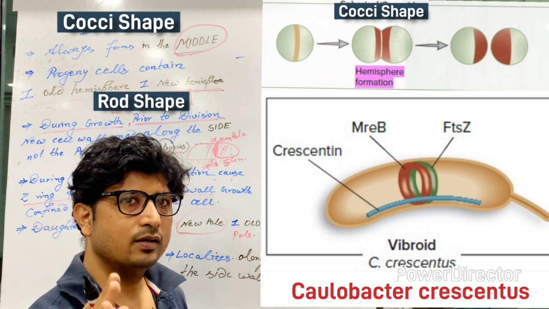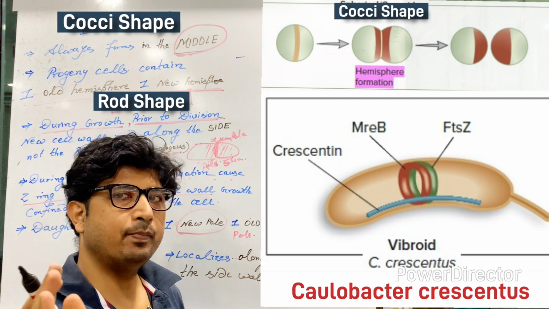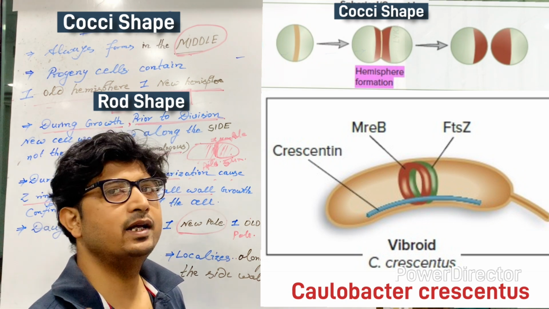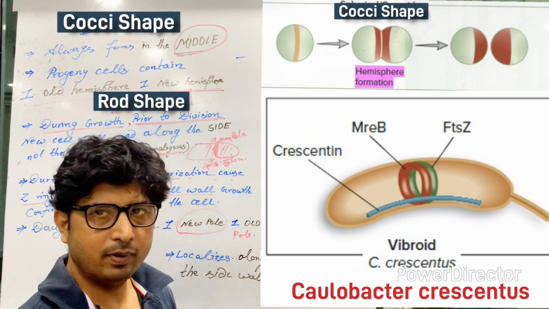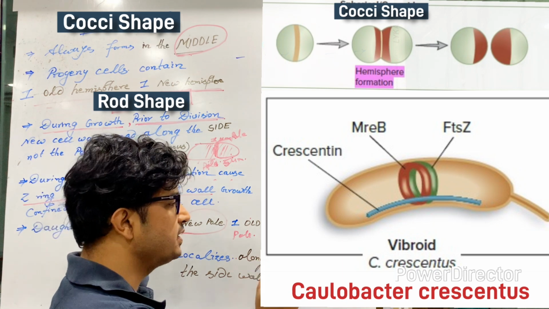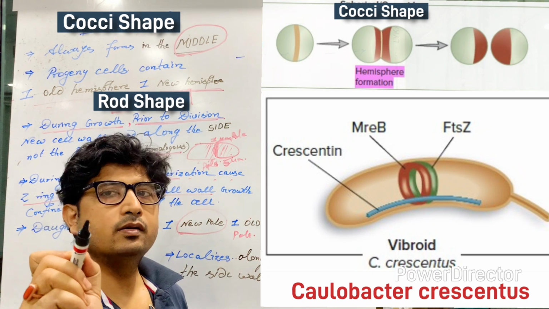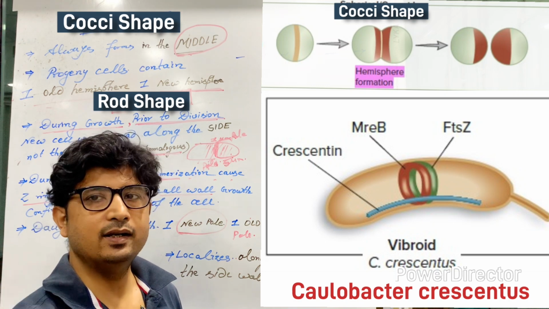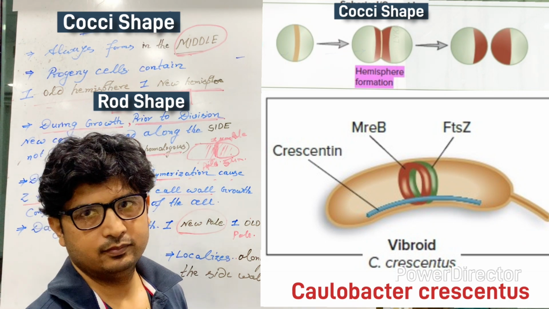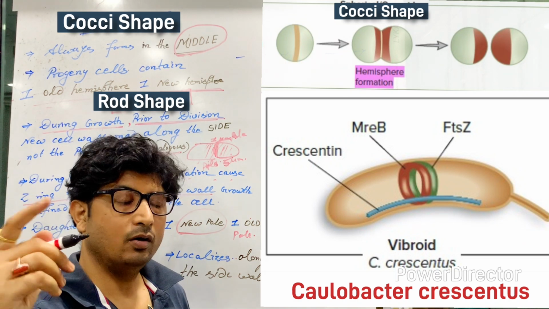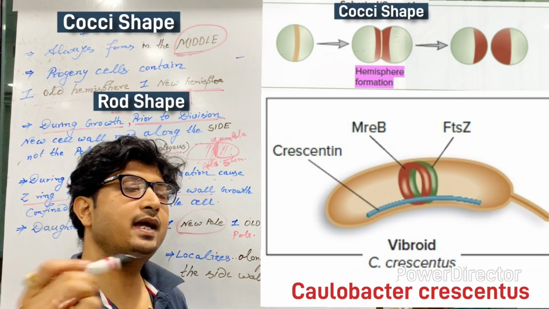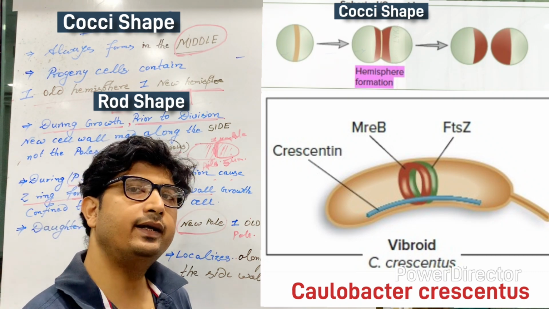So 10 NAM units per 1 minute is the normal rate of peptidoglycan synthesis. But due to the presence of this crescentin in the sidewall, 1 NAM unit is being added at 1 minute. So when it was required to add 10, now it is adding 1 only.